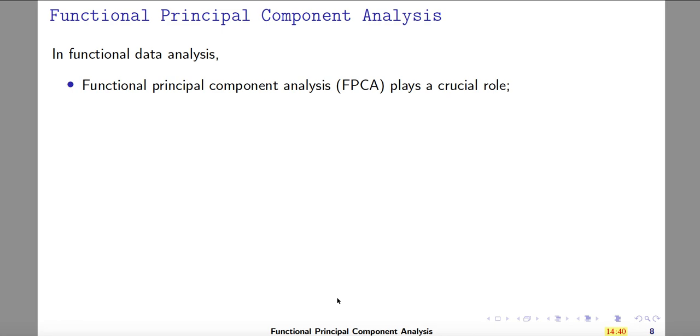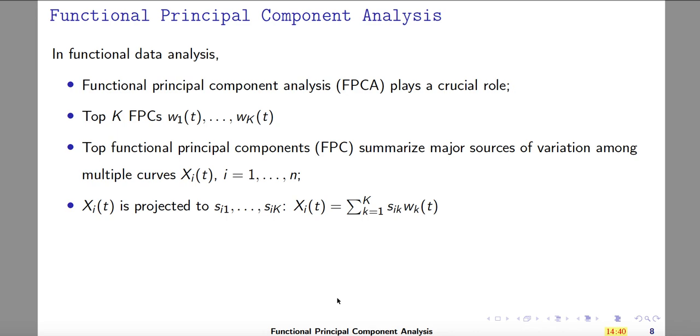As I mentioned, functional principal component analysis plays a crucial role in functional data analysis, and many functional data analysis methodologies are based on functional principal component analysis. Basically for FPCA, we want to find the top k functional principal components.